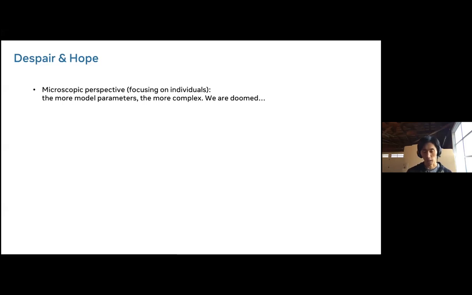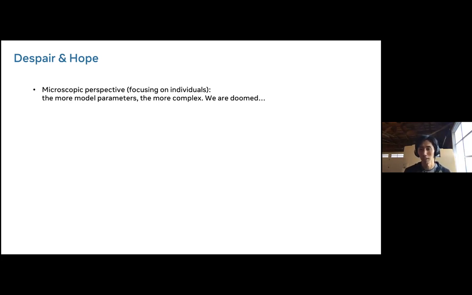If you take a microscopic perspective, focusing on individual components of all the weights and biases, then you might say that the more model parameters you have, the more complex the phenomenon becomes. So we are doomed and we can do nothing about it, and we just forget about it.